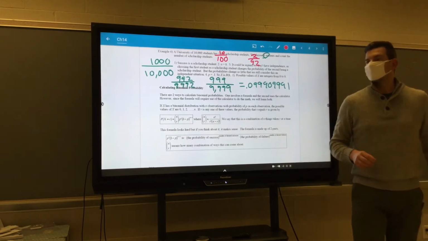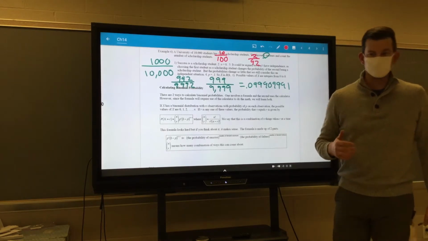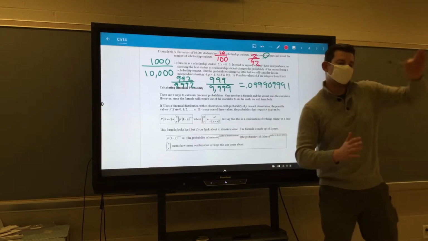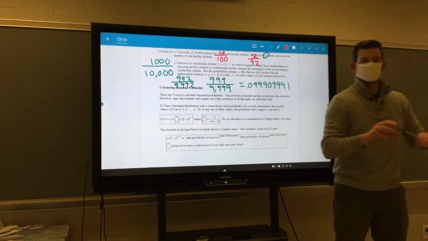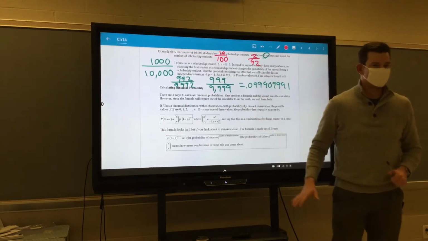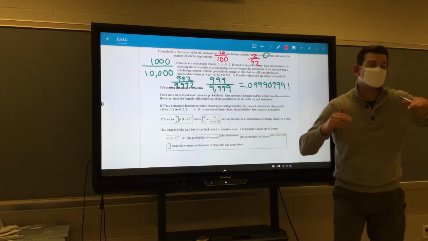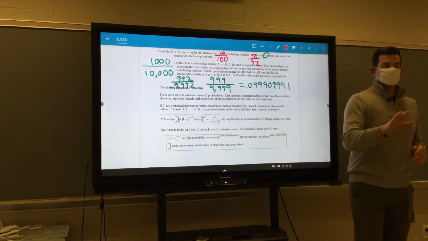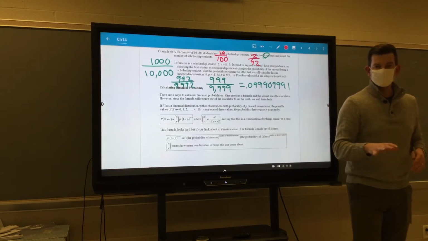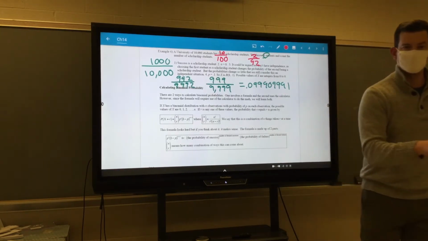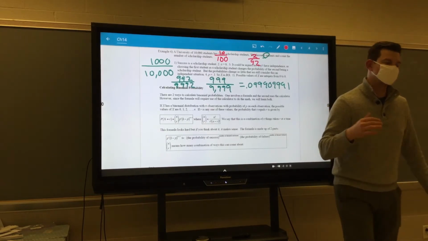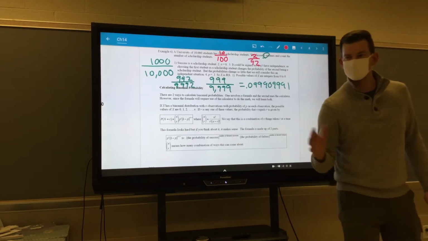So, there's no perfect number that I can say that, well, above this, we can assume independence, and below this, they're not independent. And I know that this kind of violates things that you've been taught in math classes before. I know those of you who I had in geometry, first week of school, I told you not to assume things in that class.